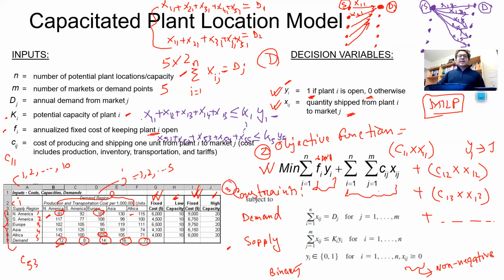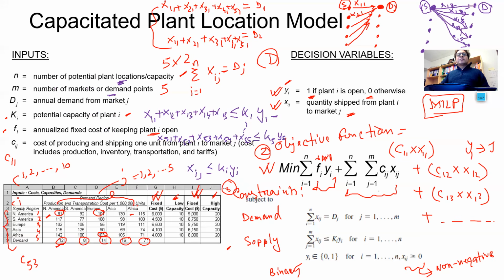So instead of writing the 5 equations one by one, we can just write that the summation of xij should be less than or equal to Ki Yi, where the value of i could be 1 to N, because N is the number of capacities.